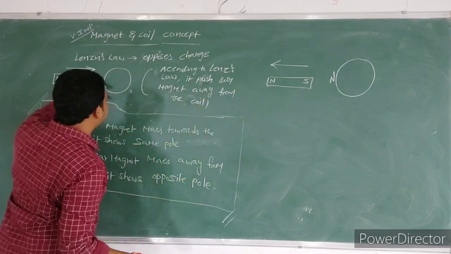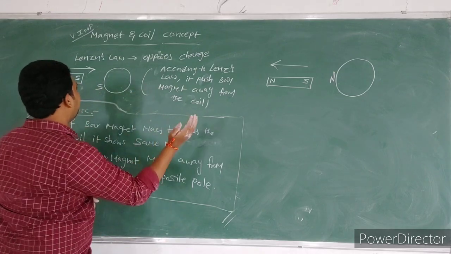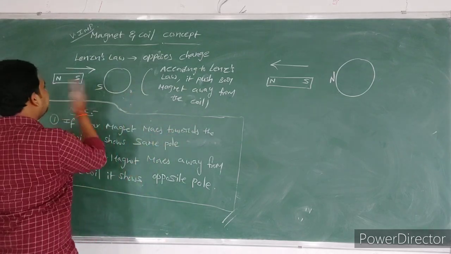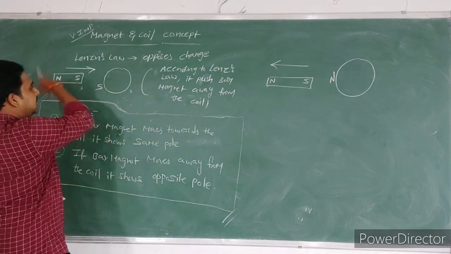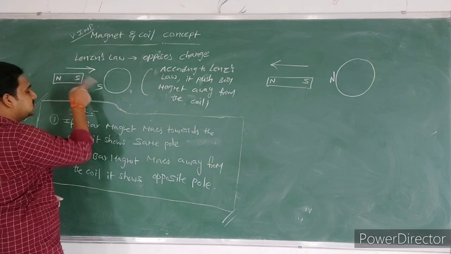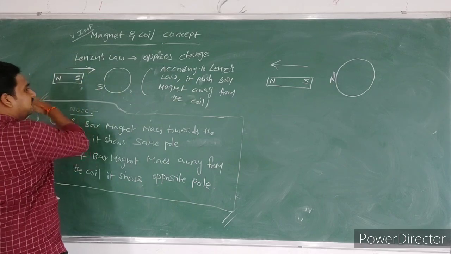Because the bar magnet is moving towards, according to Lenz's law, we have to pull this bar magnet away. How will we pull it away? Here the south pole is there; again we will take a south pole, repulsion will develop, and then it will move away.